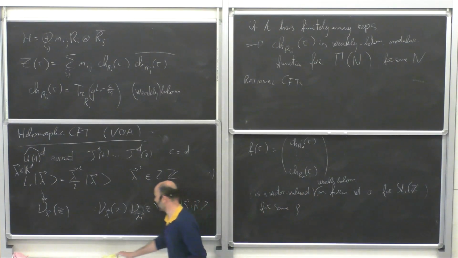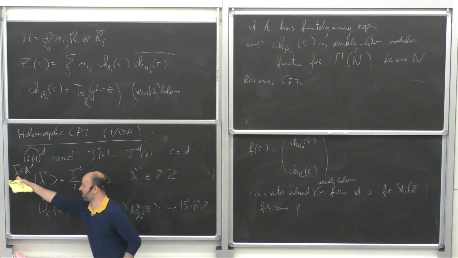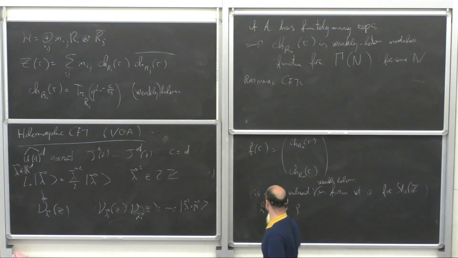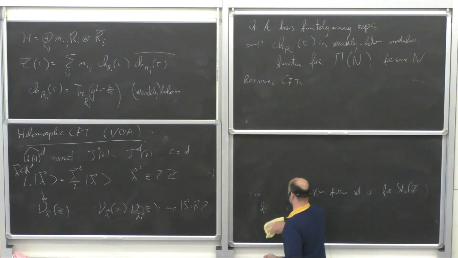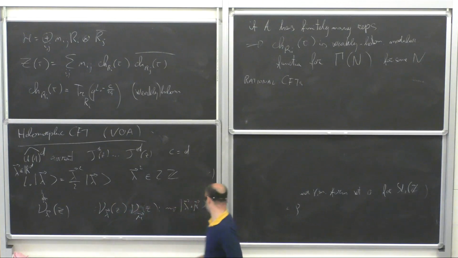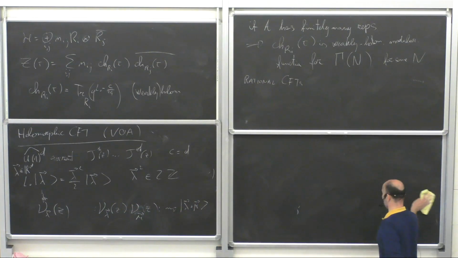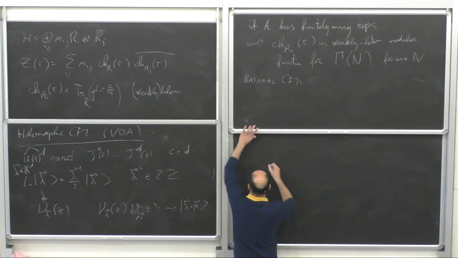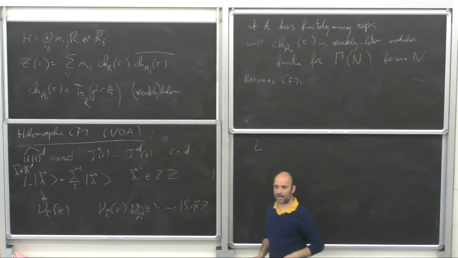So what this tells you is that the set of all lambdas that you want to include must be closed under sum. And of course you want a zero: you want the vacuum, which corresponds to lambda equals 0. So the lambdas you choose must take values in some lattice.